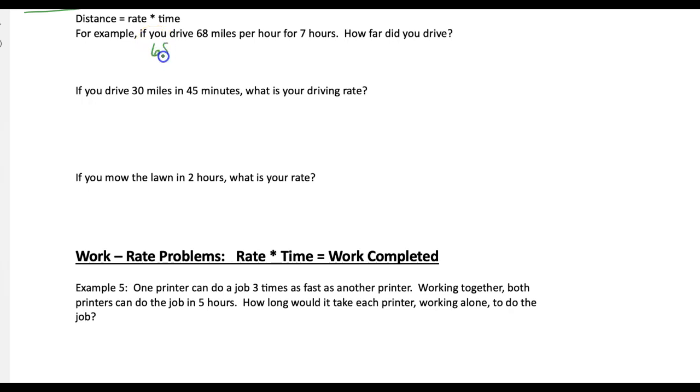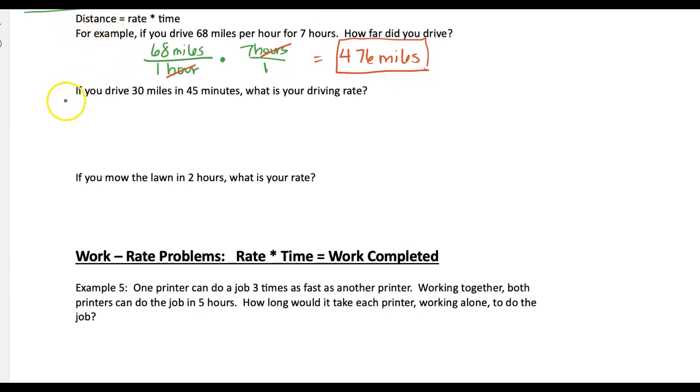So I'm going to write 68 miles per hour as 68 miles per, as my fraction bar, 1 hour, times, because we're going to take our rate times our time is 7 hours, and I'm going to write that in the numerator, so I'm just going to really emphasize the denominator of 1. I can reduce the hour label, hours over hours reduces, and so we end up getting 68 miles times 7 ends up a total of 476, and the only label left is miles, which makes sense because we were looking at a distance.